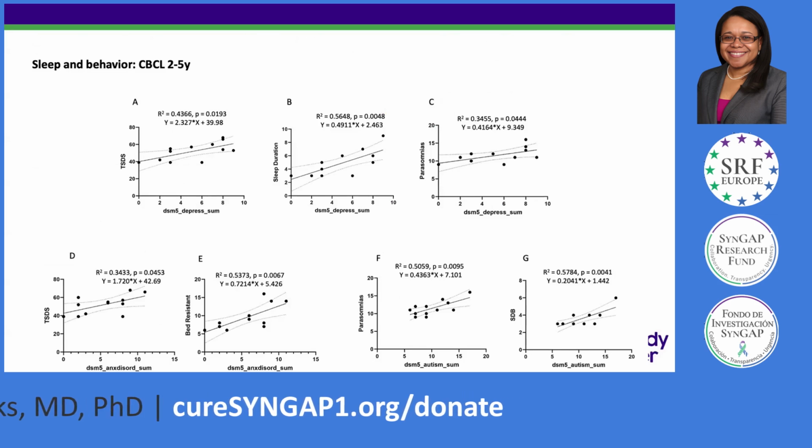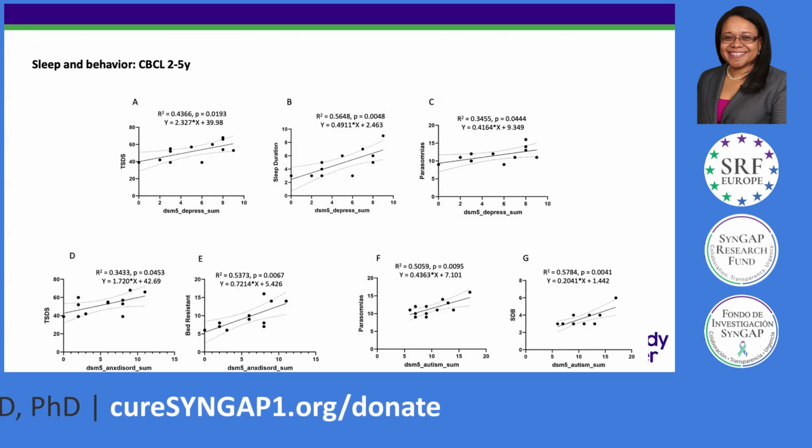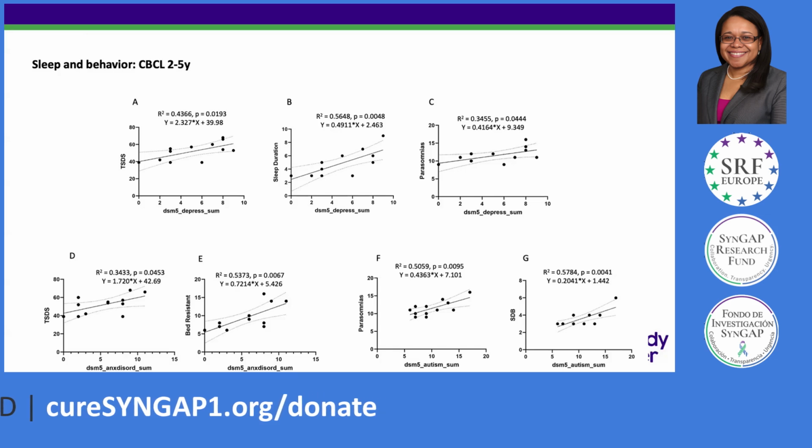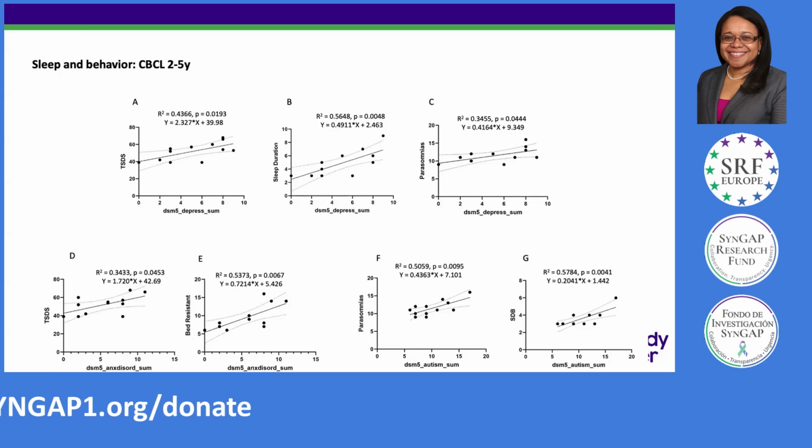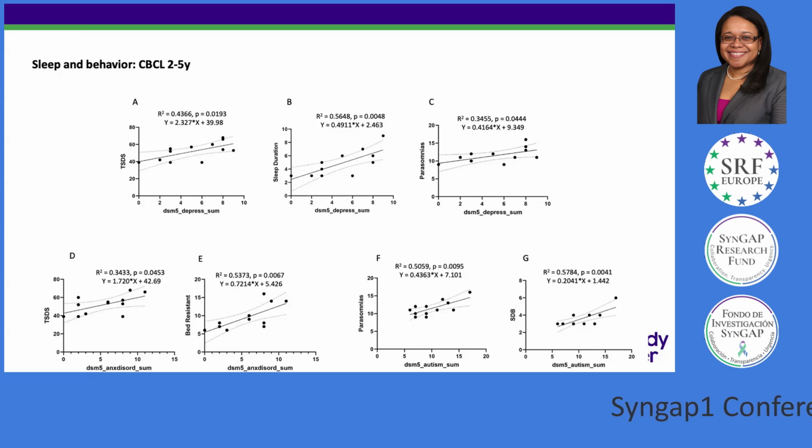So we asked, what is the relationship between sleep and behavior? And this is in our preschool cohort. What you can see in the panels A through C is that higher scores on the depressed or affective disorder scale of the CBCL is predictive of a higher sleep disturbance score.